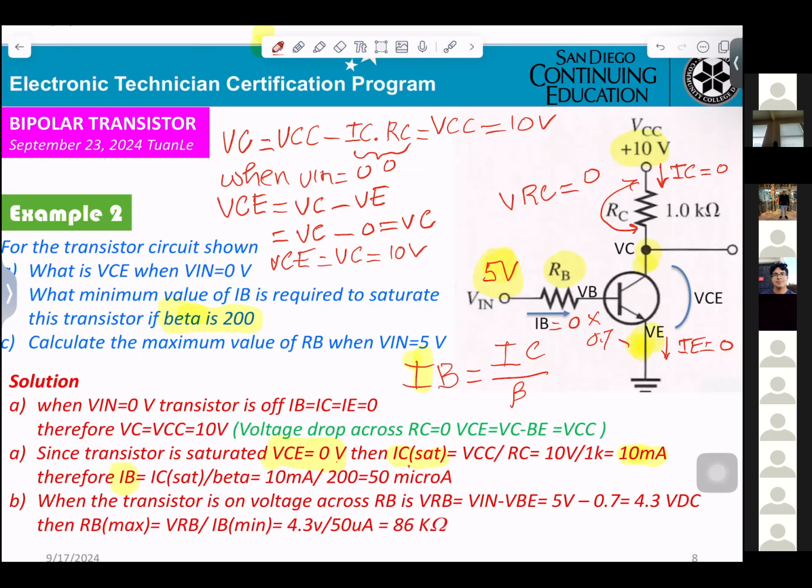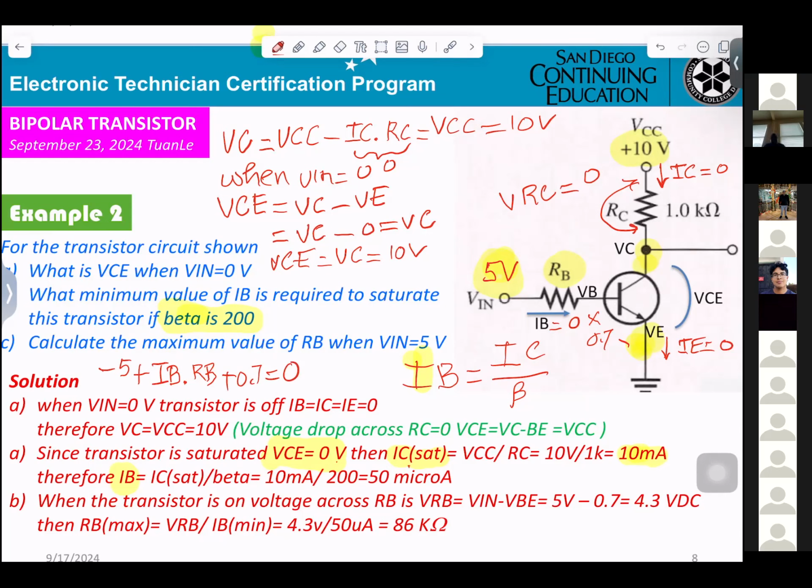So you can see a very simple equation: minus 5 plus IB times RB plus 0.7 equals 0.